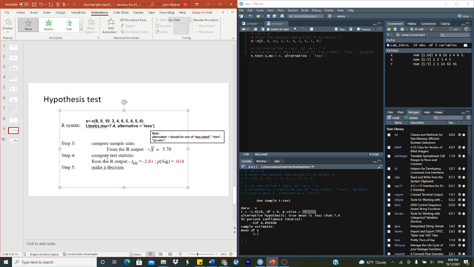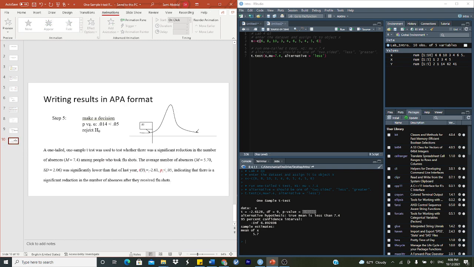And now we can make a decision. We can make a decision in two different ways here. We can either compare the observed value of t that we just calculated, so negative 2.6128, to our critical value for t, or we can compare our p-value here to our alpha of 0.05.